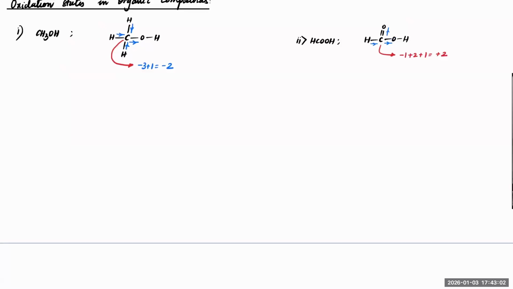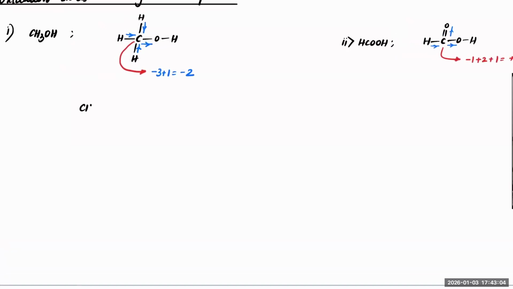So sometimes the questions would be given like this. CH3OH due to some reactions is converting into HCOOH. Find number of electrons transferred. How many electrons have been transferred?